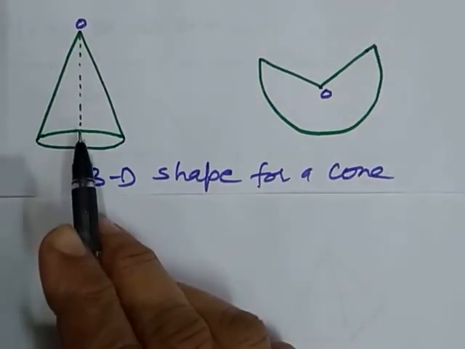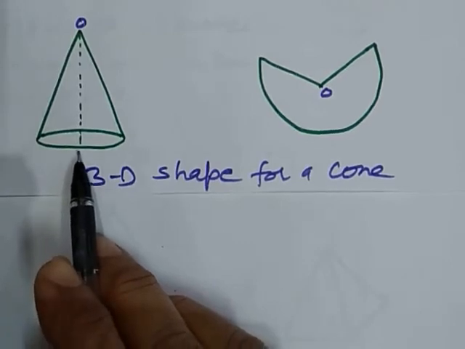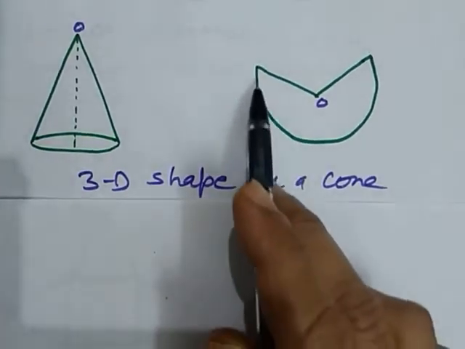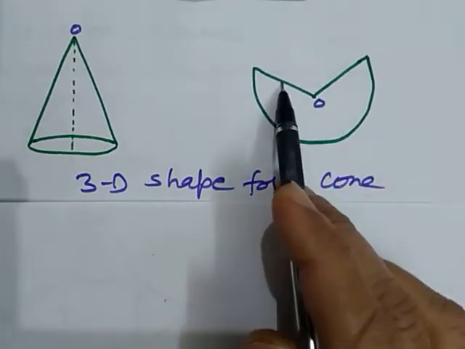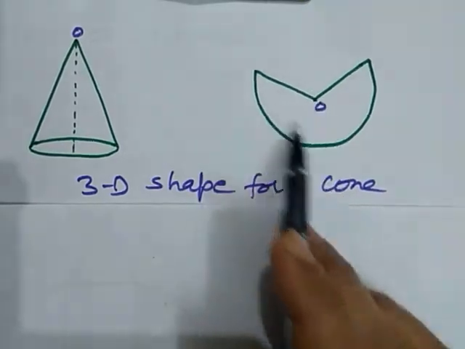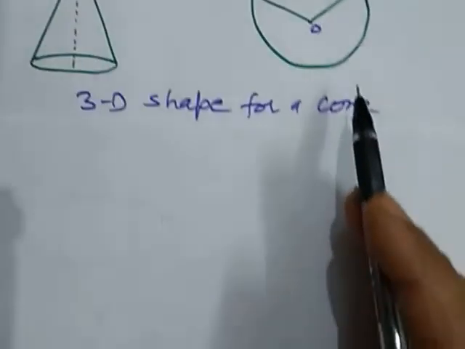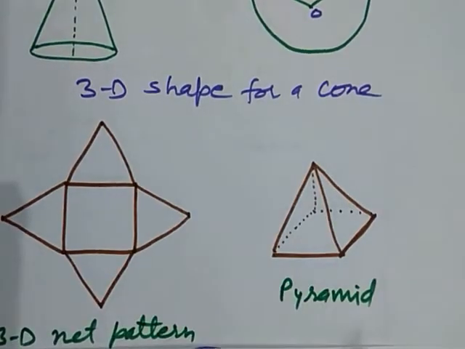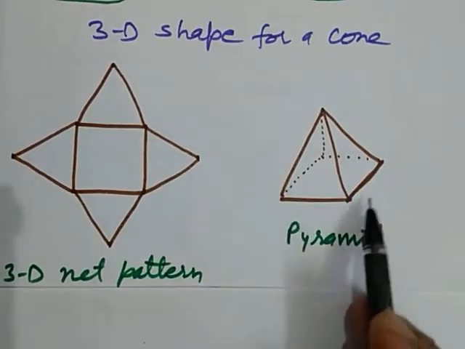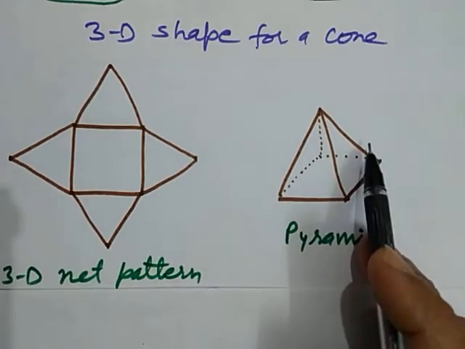This is a cone. If we cut a paper cone from here and open it, then it looks like that. If we join these two edges, this becomes a cone. So this is the net for a cone on paper. Okay. Now this is a pyramid having a square base and 4 faces.